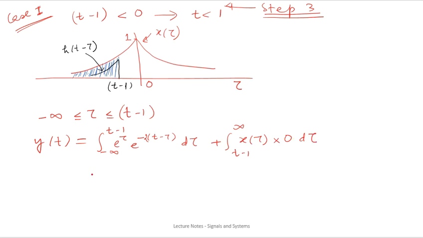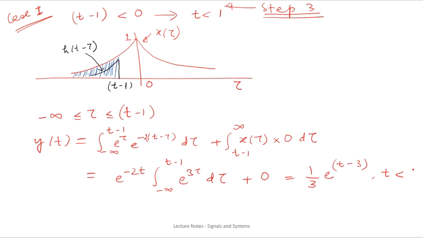You can simplify this to the integral from minus infinity to t minus 1 of e to the power 3 tau d tau plus 0. So this is 1 by 3 e to the power 3t minus 3. This is for t less than 1.